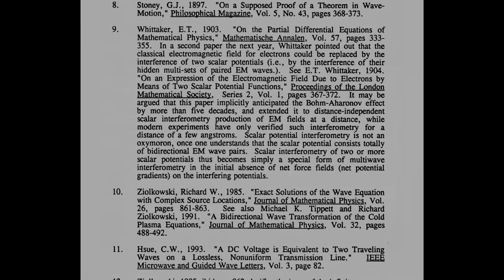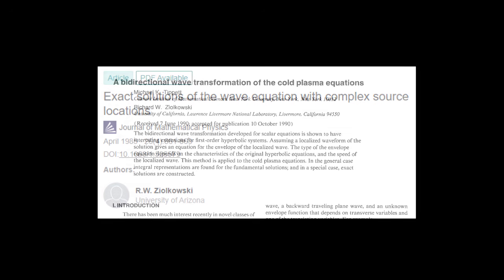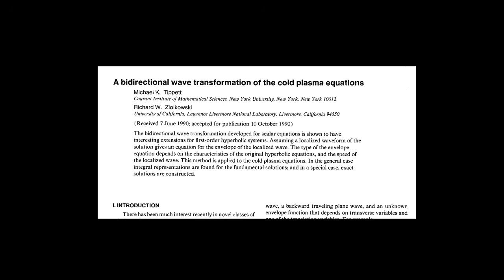Ziolkowski, Richard W., 1985. Exact solution of the wave equation with complex source locations, Journal of Mathematical Physics, Volume 26, pages 861 to 863. Also, Michael K. Tippett and Richard Ziolkowski, 1991.